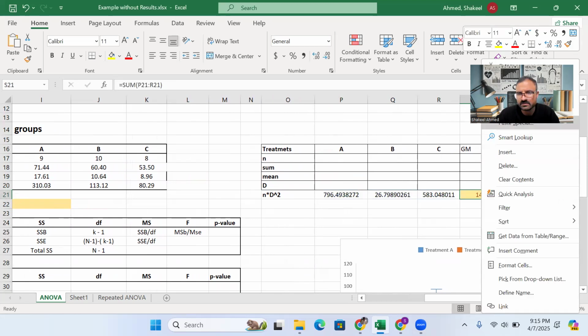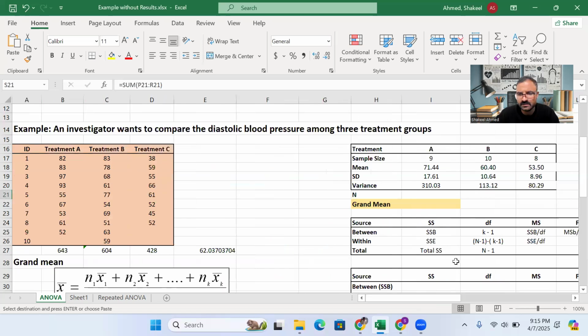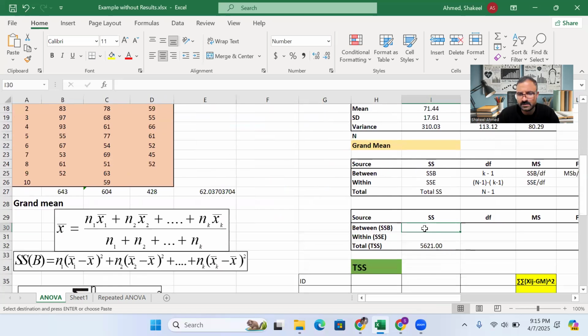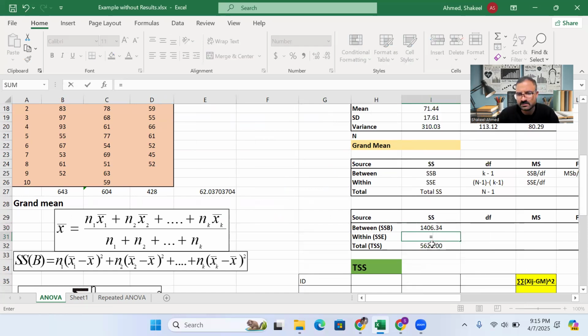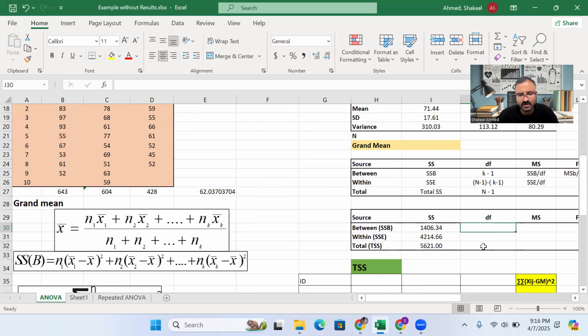You can just copy it and then paste here, just value. And the within sum of square is total sum of square minus between sum of square. So this is the within sum of square, and we have three groups.